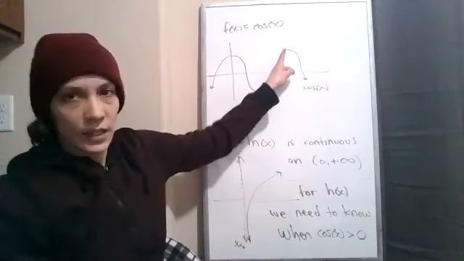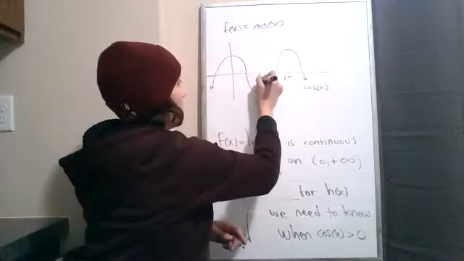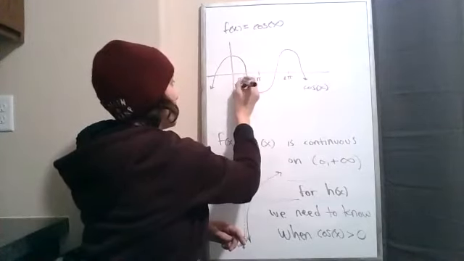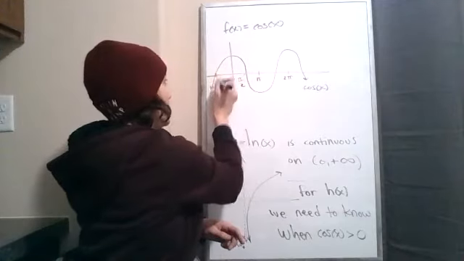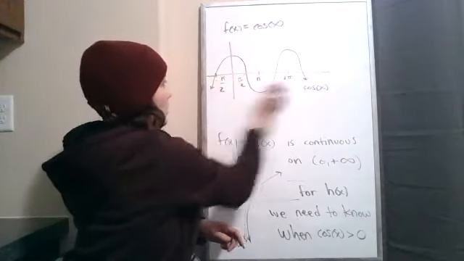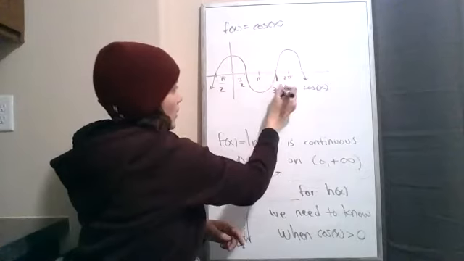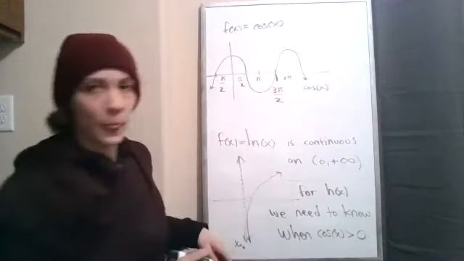One cycle ends at 2 pi. This is pi over 2. Negative pi over 2. This is 3 pi over 2.